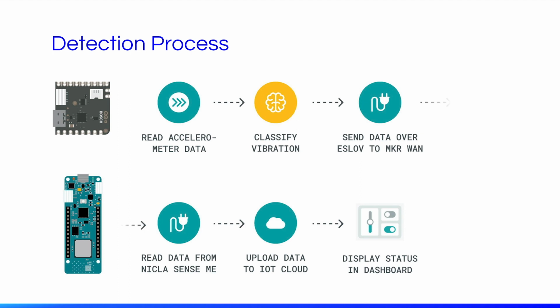The MakerBand reads that data, and whenever there's a change, so when it changes from running normal to vibrating or vice versa, it's going to upload that change to the cloud. And in the cloud, there's a dashboard in which we can see the status of that variable.